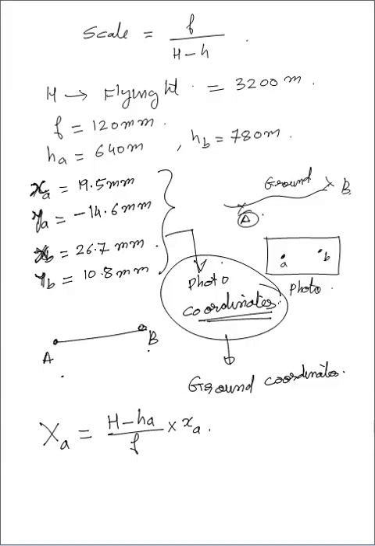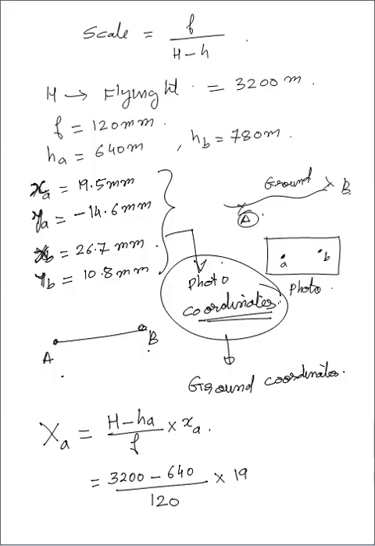Okay, so let's substitute the values. Capital H, that is flying height, we know it is 3200 meter, minus HA is 640 meter, divided by focal length, which is 120 mm. Don't convert this 120 mm into meter, because mm will get cancelled by the value of small xa, that will be in mm.